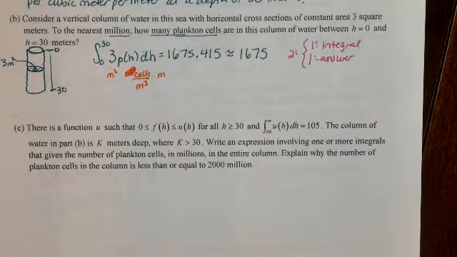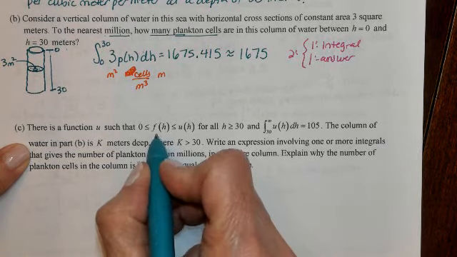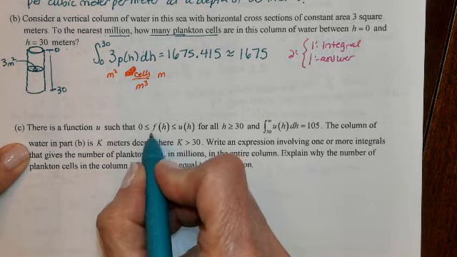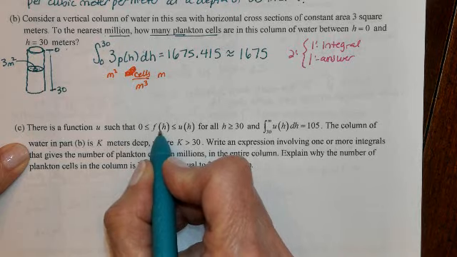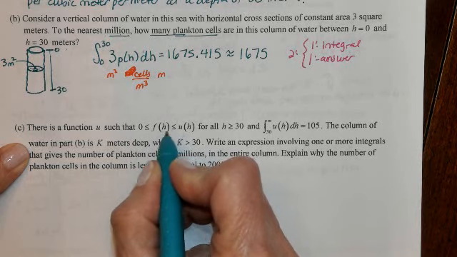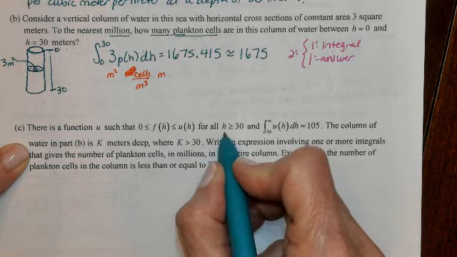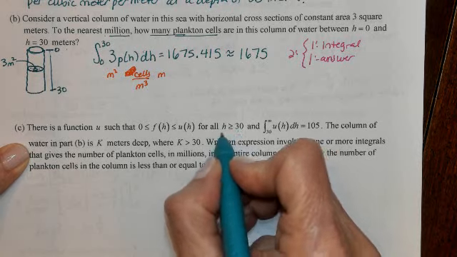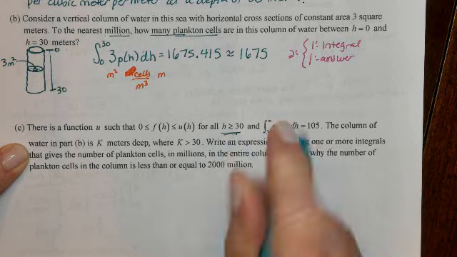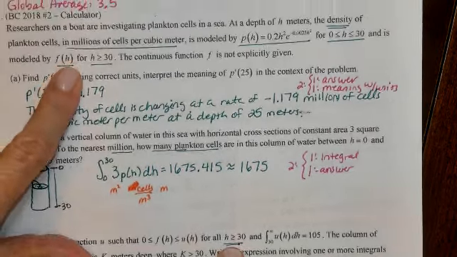Okay, let's take a look at part C. There is a function u such that f, which is positive, is less than u for all h greater than 30. So here we are h greater than 30, which is where f applied.